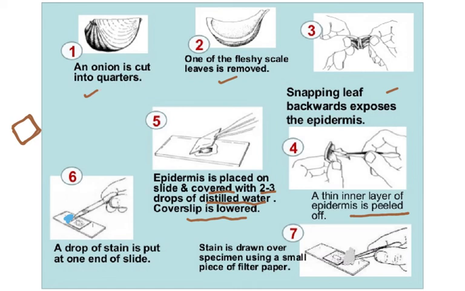So this is the filter paper. This is going to suck in the dye which was placed on this side. So slowly the dye is going to be taken in and then it's going to cover up the specimen. So this is how we prepare a slide to be examined under the microscope.